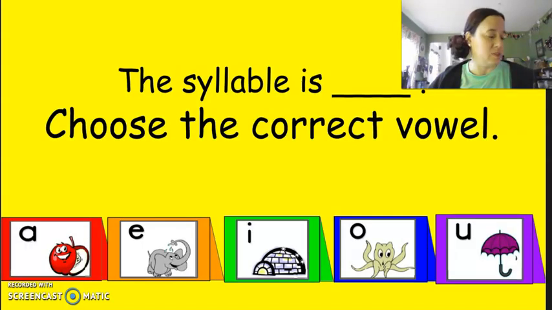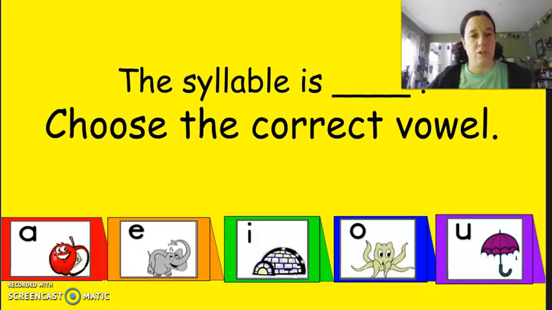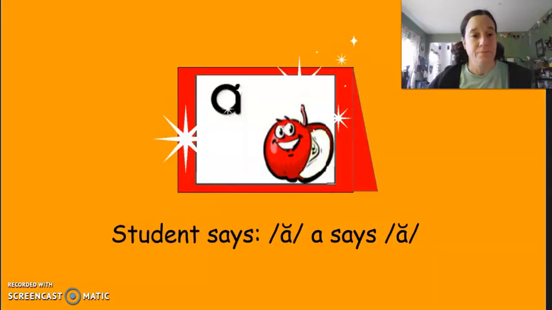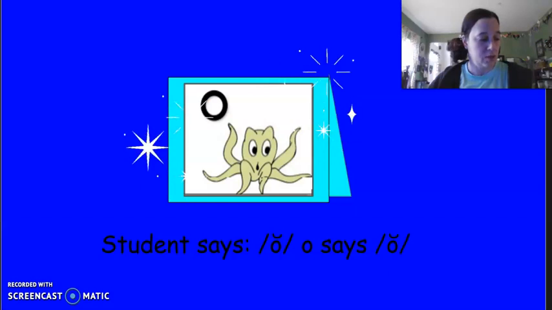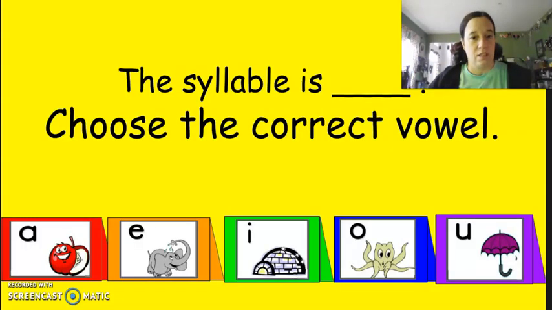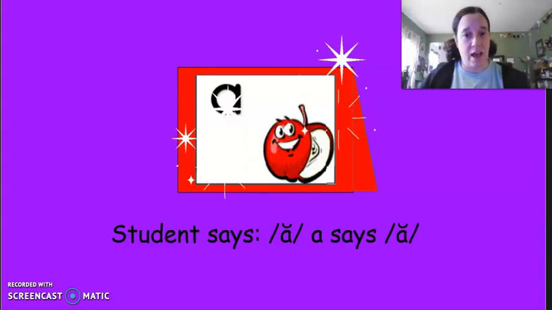Now we're moving on to syllables. The syllable is un. U says uh. The syllable is an. A says ah. The syllable is on. O says ah. The syllable is cat. A says ah.